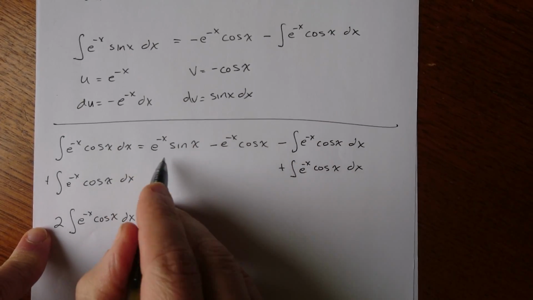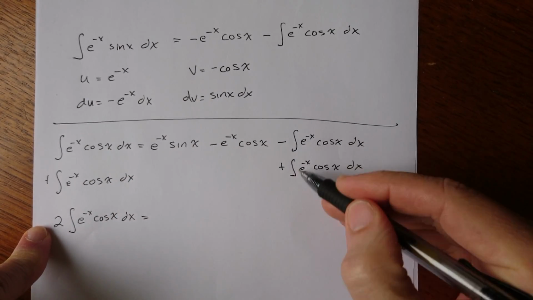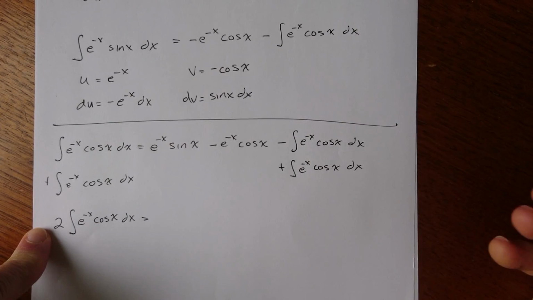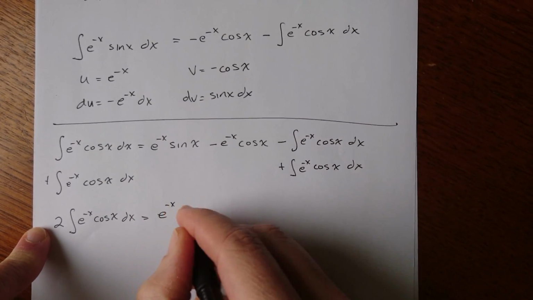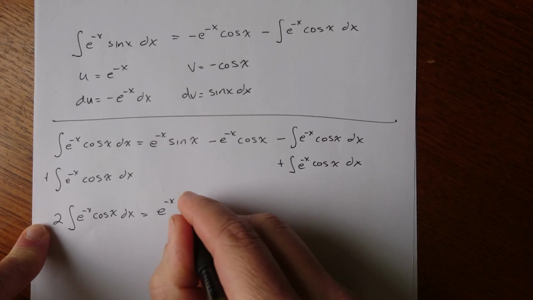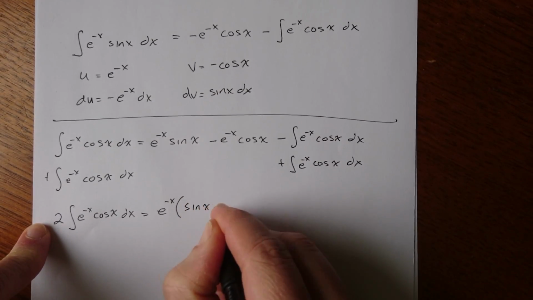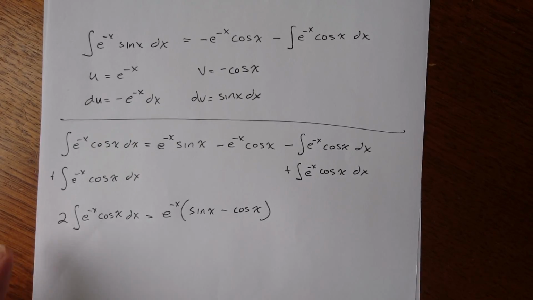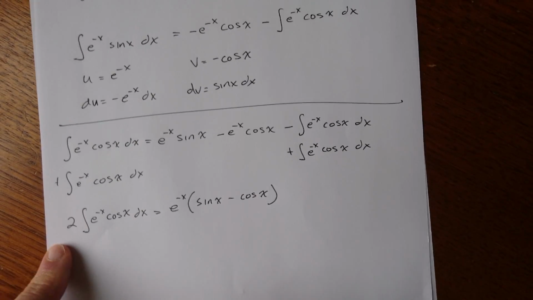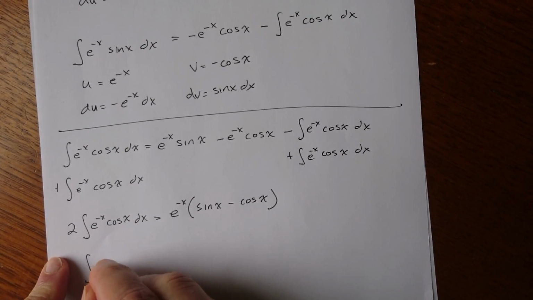And on this side, all that's left, so I get a negative of a thing and a positive of the same thing, those cancel out, and I'm left with just this, e to the negative x. Let's just factor out the e to the negative x times sine of x minus cosine of x. Okay? And so now my last step, divide both sides by 2.